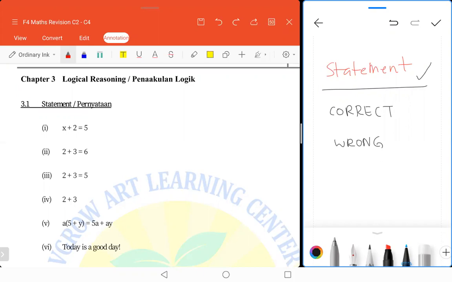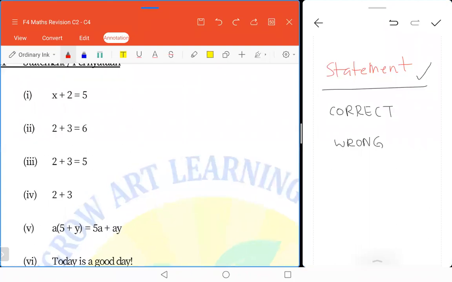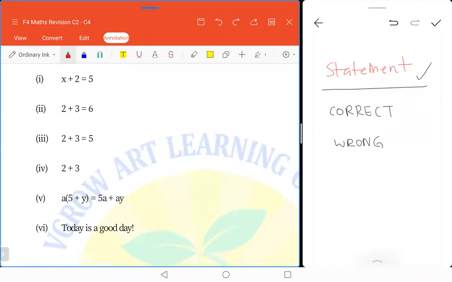All right? Again, if we can tell the sentence is correct or incorrect, then it would be a statement. So out of the sentences here, which one do you think is confirmed wrong or confirmed correct? 1, 2, 3, 4, 5, 6. Which one can you confirm?